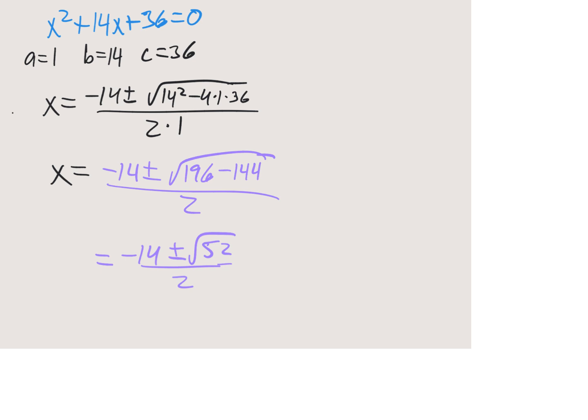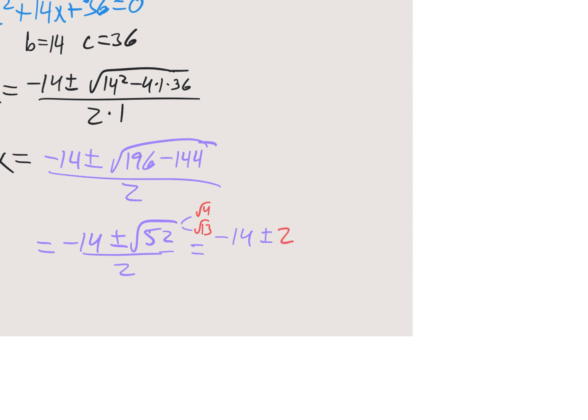Does 52 have any factors that are perfect squares? It does. All right, so we want to make this into negative 14 plus or minus, right? It's going to give you a square root of 4 and square root of 13. All right, and then square root of 4 is going to be 2, square root of 13 you leave alone. All right, and then divide it by 2.